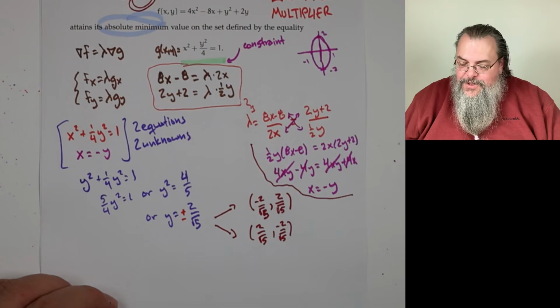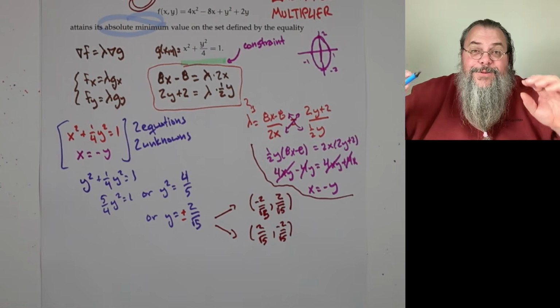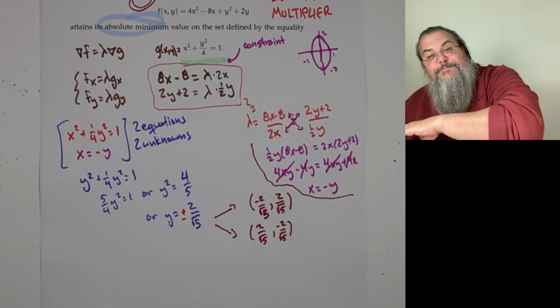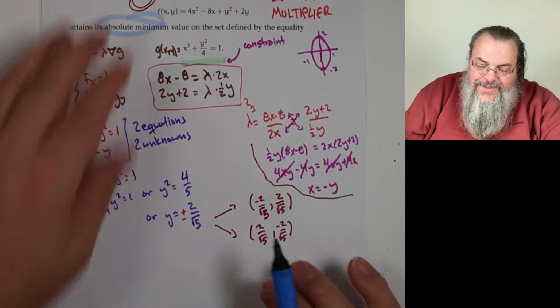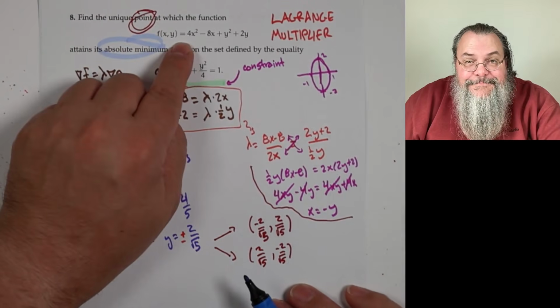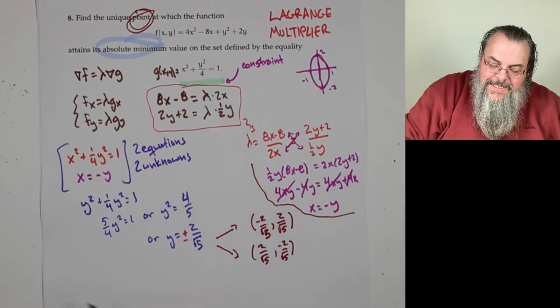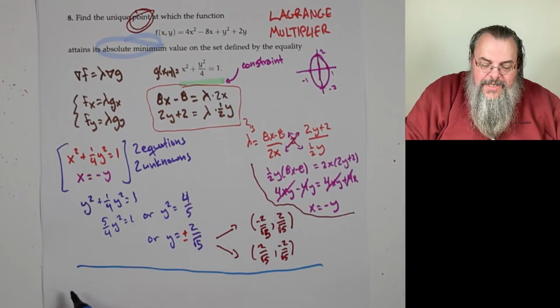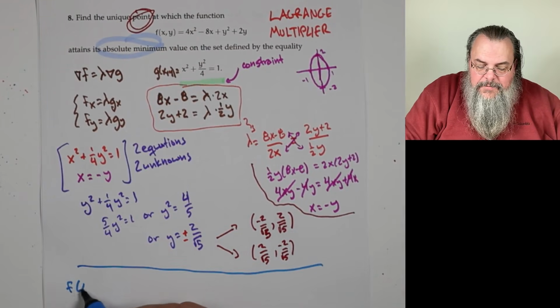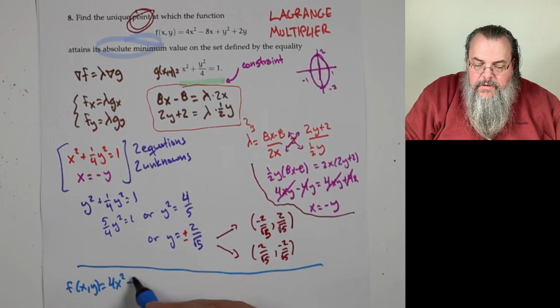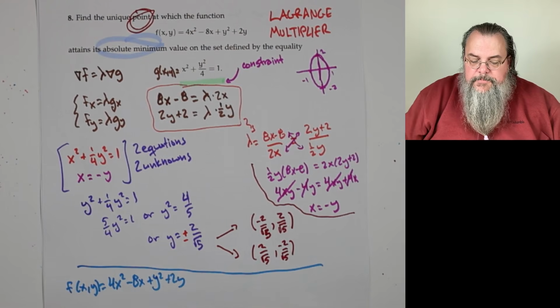Well, the way we find out is we plug it back into f. Okay. All right. So here we go. I'm going to write down for reference f of x, y, 4x squared minus 8x plus y squared plus 2y.